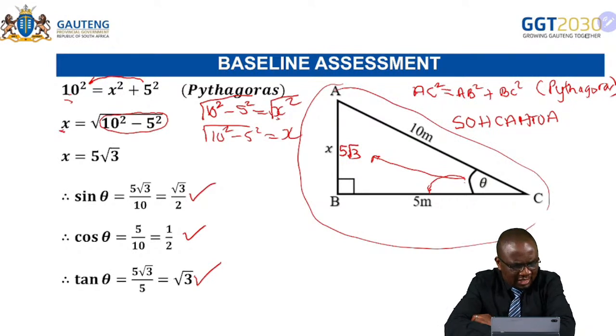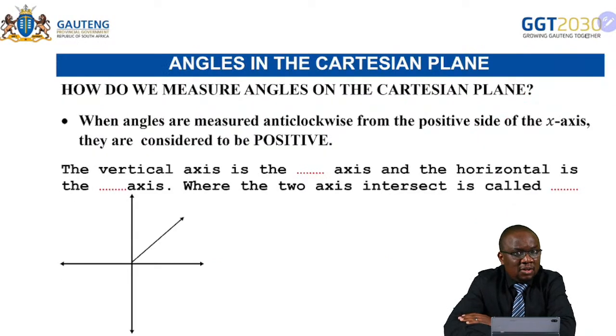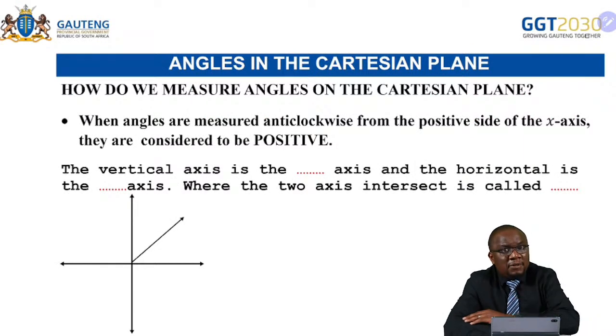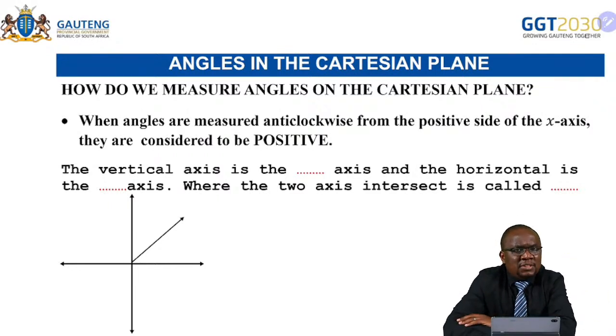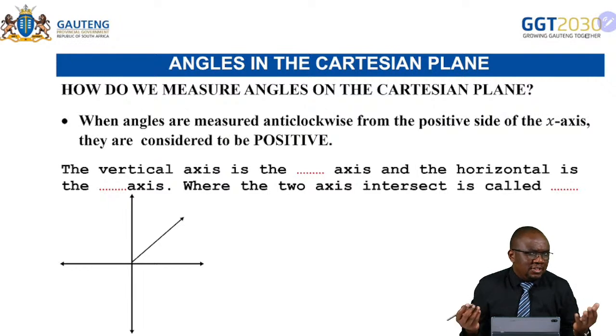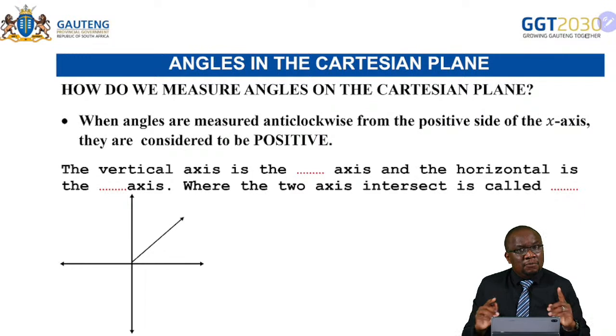We're talking about an angle that can be 45 degrees, 110 degrees which is more than 90, 200 degrees which is more than 180, or even 300 degrees which is more than 270. How do we measure such? Because you cannot have a right angle triangle for that. You see that?